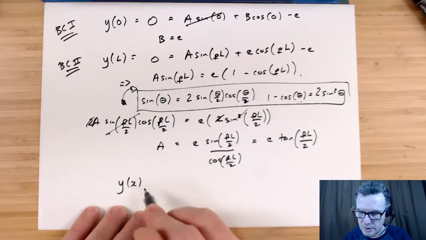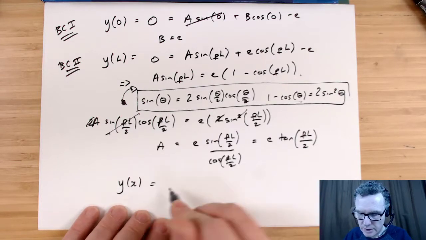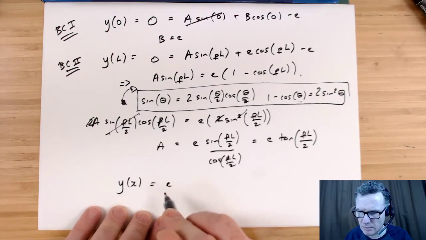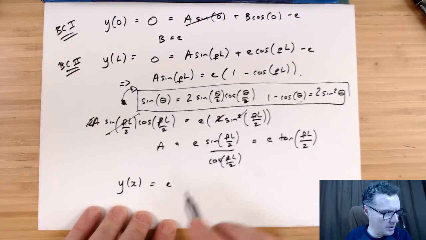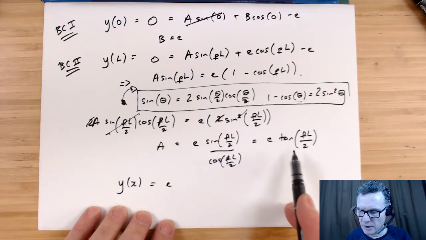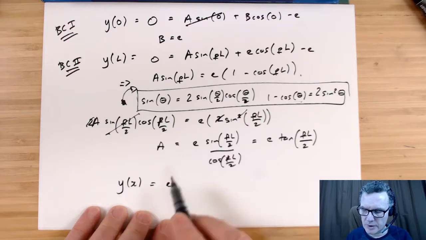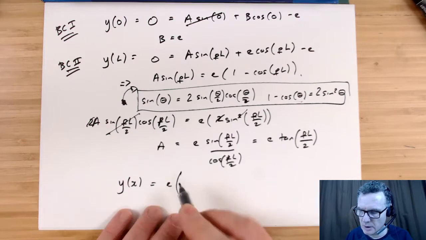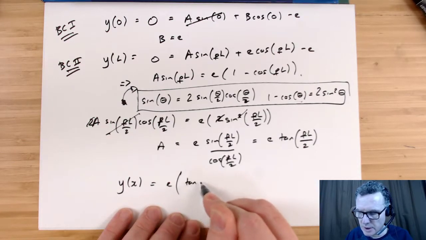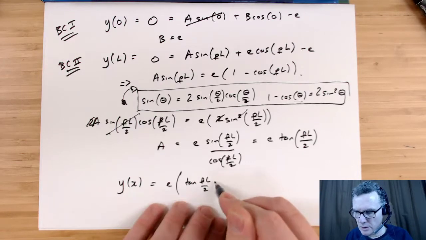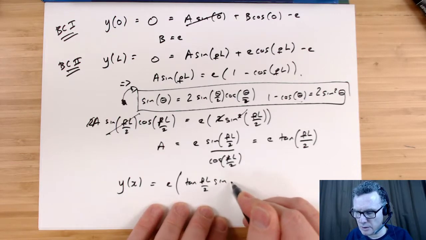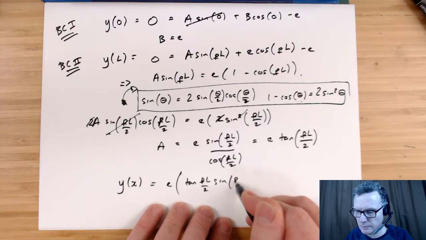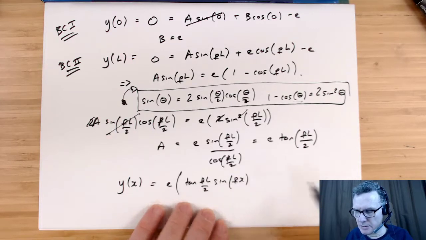Y equals A, which is, everything's going to have a factor of E to it, isn't it? So we've got E tan PL over 2 times sine PX.